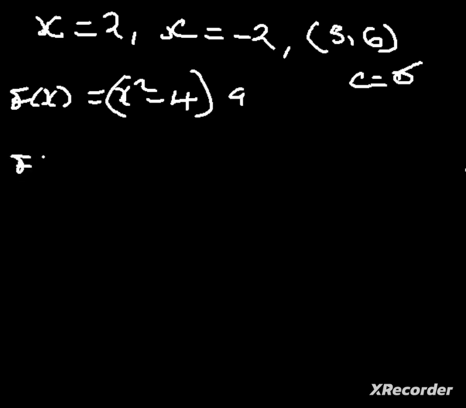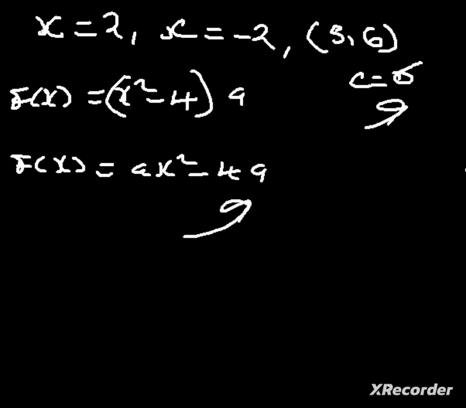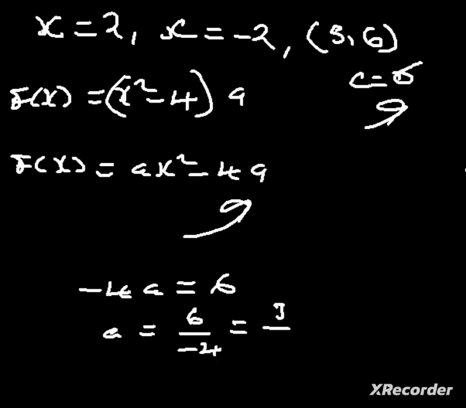So now we'll have f of x given as ax squared minus 4a, where this y-intercept will be equal to 6. So negative 4a is equal to 6. Therefore, a is given as 6 over negative 4, which is the same as 3 over negative 2. So that is the value of a. Then we only have to substitute for a in this function.